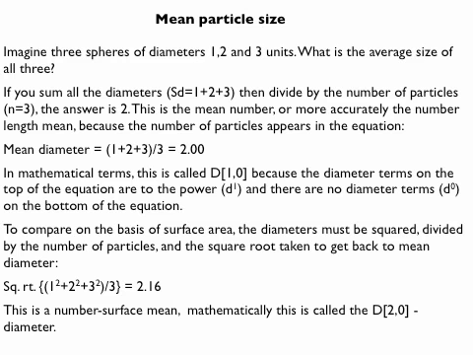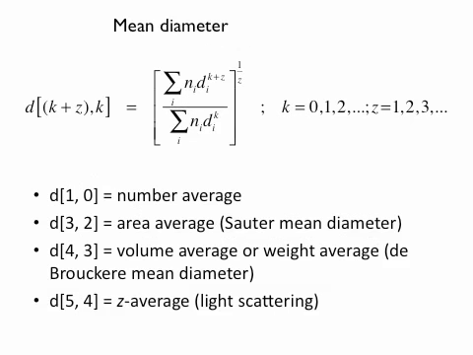And then obviously you can think of lots of other ways that you get different averages, that for different applications would be the average that you would like to use. So here, this big equation at the top looks a bit crazy, but it's not too bad. In order to get these means, 1,0, 3,2, 4,3, 5,4, light scattering is a bit of a weird one here. I set 5,4 here, that's an average one.